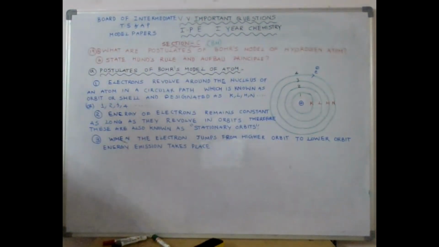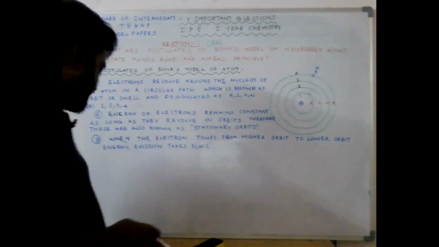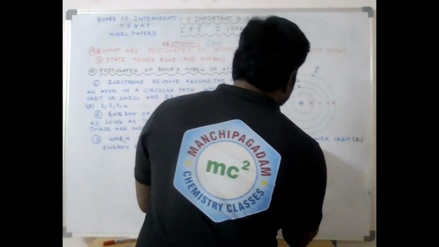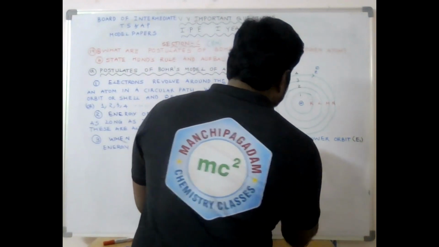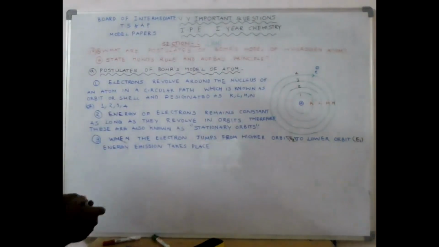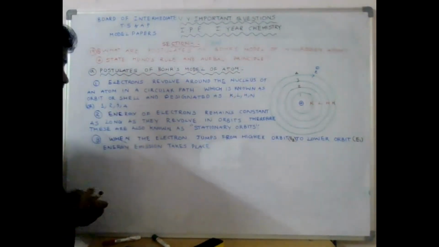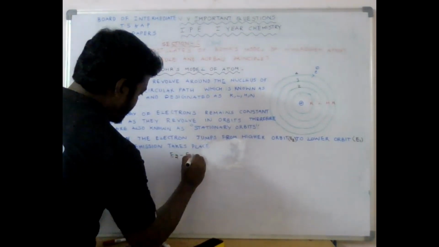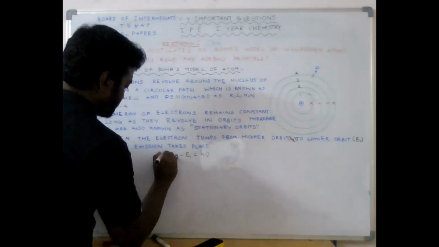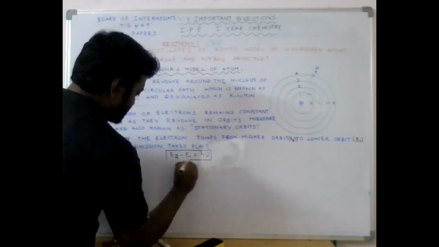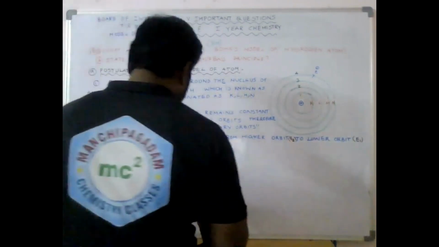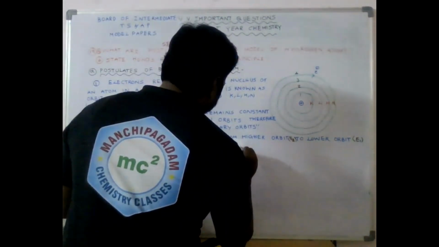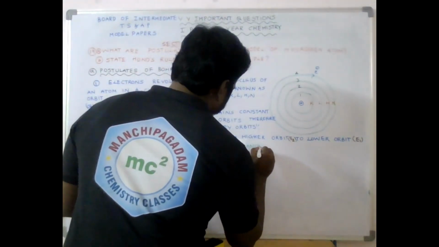When we take the lower energy level as E1 and the higher energy level as E2, then when the electron jumps from E2 to E1, some energy is emitted. E2 minus E1 is equal to h nu. Here h is Planck's constant.